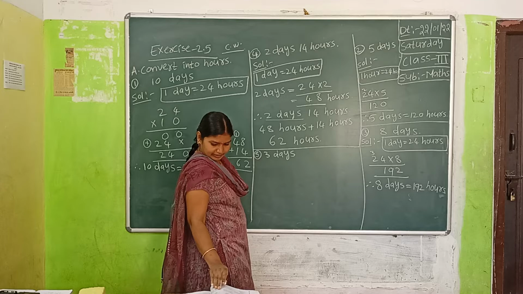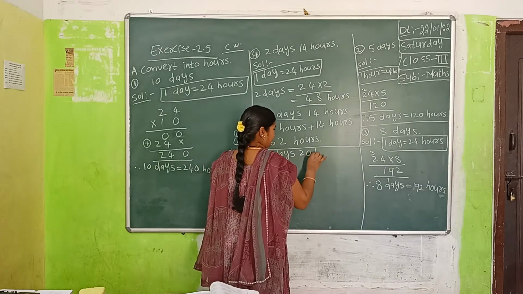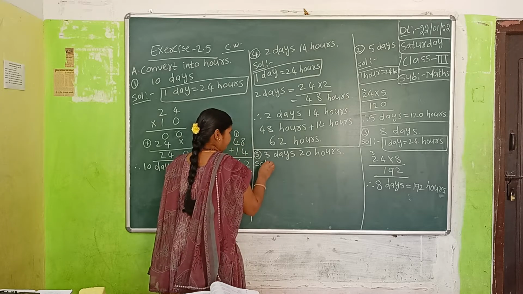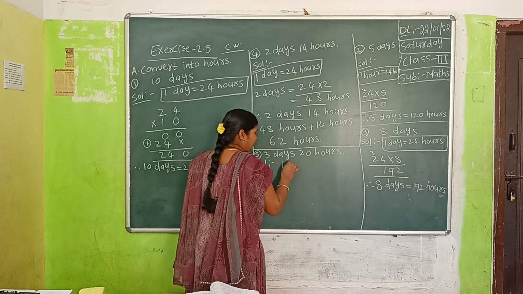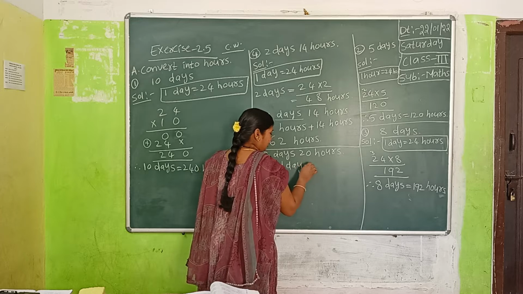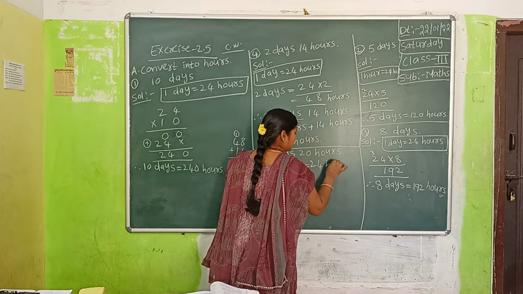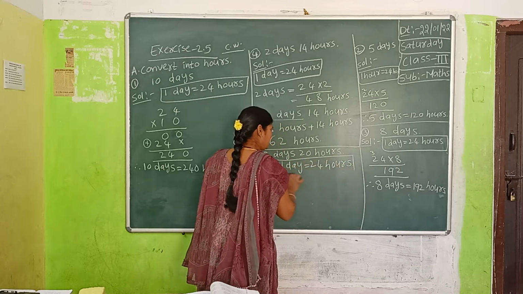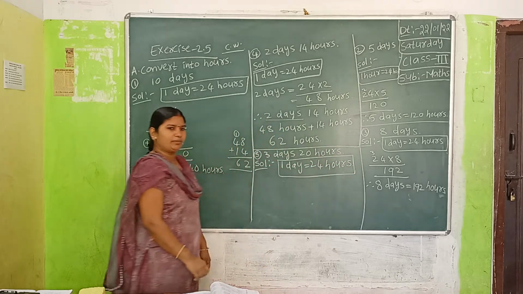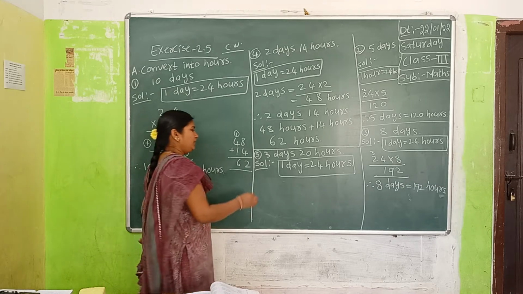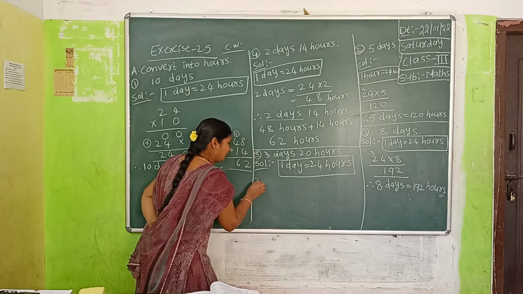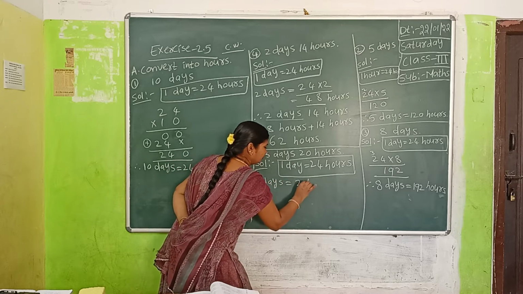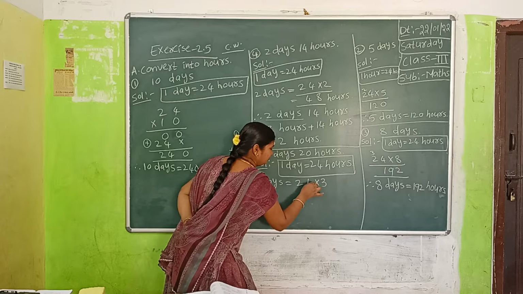3 days, 20 hours. 1 day equal to how many hours? 24 hours. If you know this formula, then you write the answers directly, automatically. Now convert 3 days first of all. 3 days equal to 24 into 3.